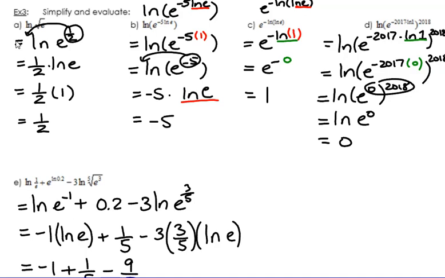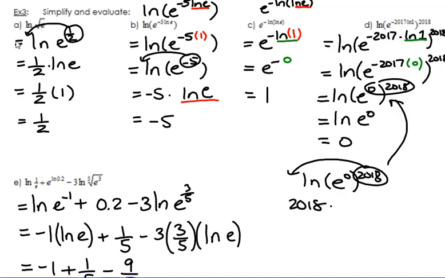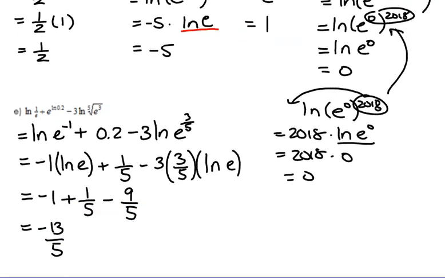Even if we wrote this step out again, ln e to the 0, to the 2018, pull that 2018 out to the front, 2018 times ln e to the 0. Isn't this just 0 as well? No matter which way you do it, there are many different ways, but you basically get the same answer no matter what.